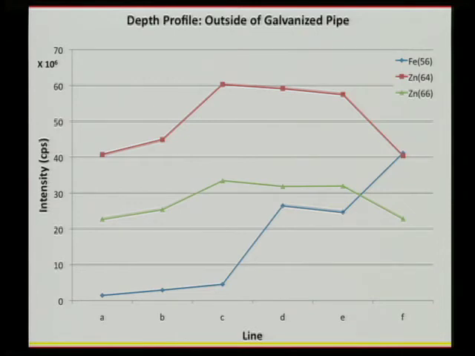And the iron, which is underneath the zinc layer, constantly increases. And so this is useful for doing a layer-by-layer analysis instead of dissolving the entire pipe and looking just at what's in the pipe.